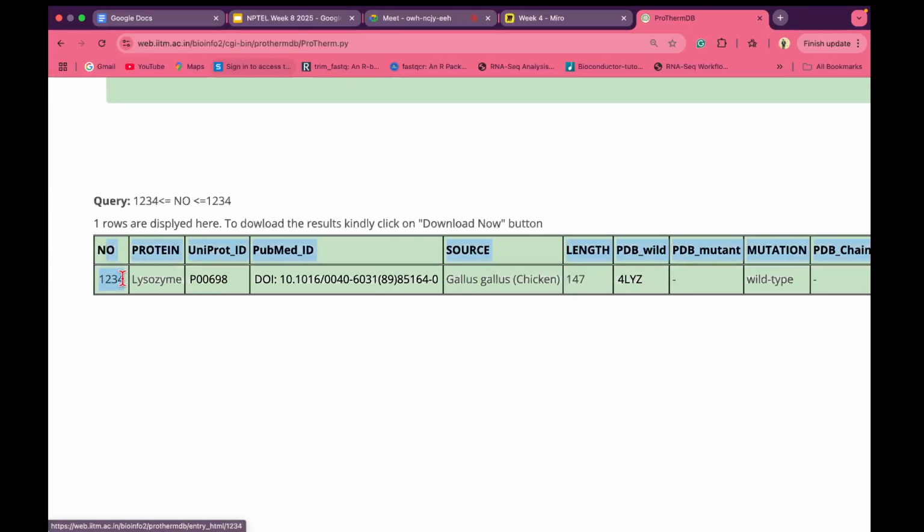So entry number 1234, protein name is lysozyme, UniProt ID is P00698, and it also gives its PubMed ID, the experimental literature.